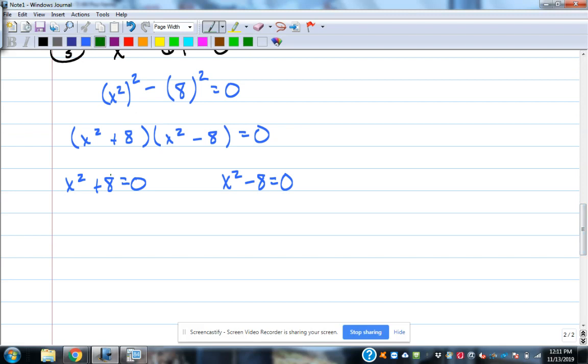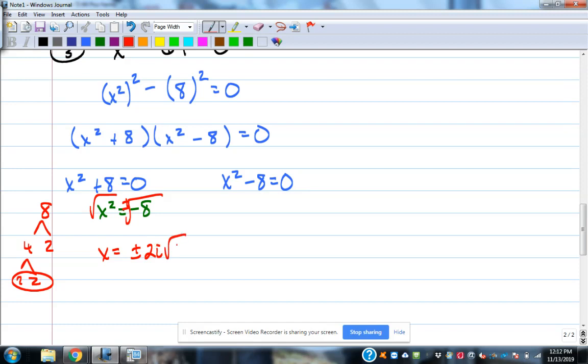And solve them up. So it's going to be x squared equals negative 8. Take the square root of each side. So plus or minus. And then we break down the 8. It's 4 and 2. Pair of 2's. So it's 2. And then because it was negative, what else comes out?